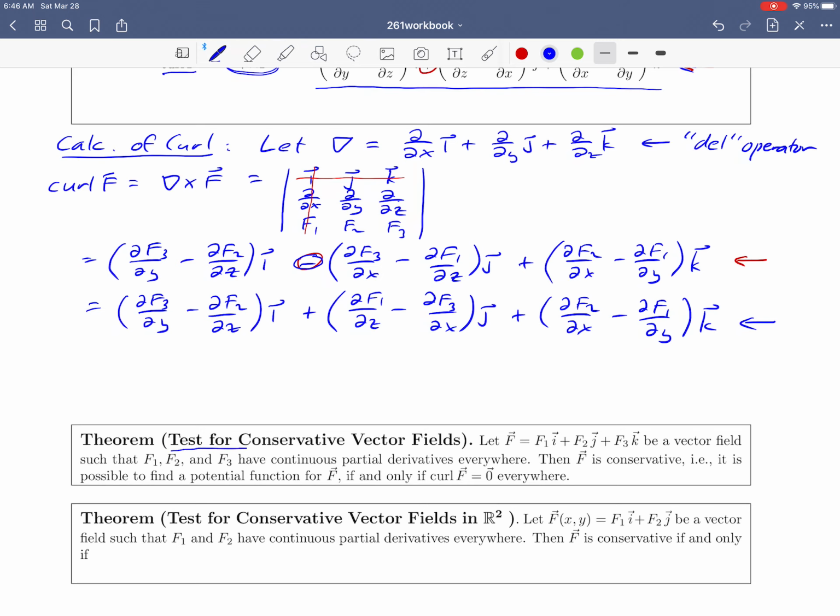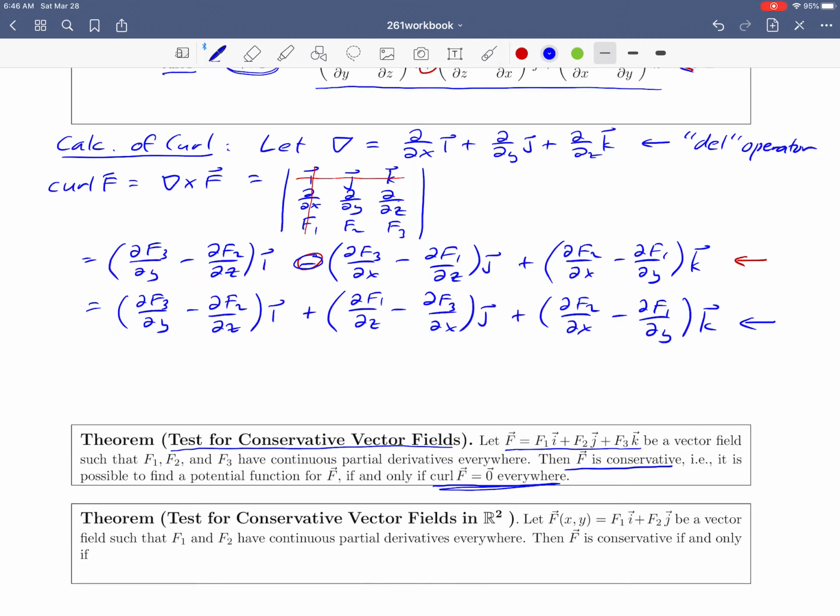Now what does this have to do with conservative vector fields? Well, we come to the first theorem, which is a test for conservative vector fields, and actually it's a test for three-dimensional vector fields. Start with the same situation as in the definition above, with a vector field that has three components. It turns out that that vector field will be conservative if and only if the curl is equal to 0 everywhere.